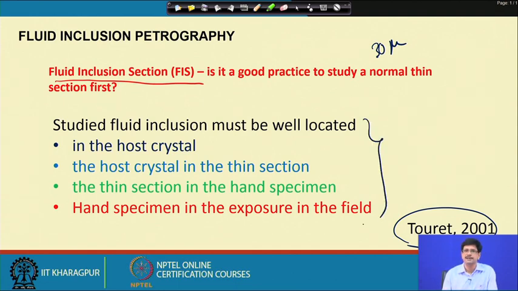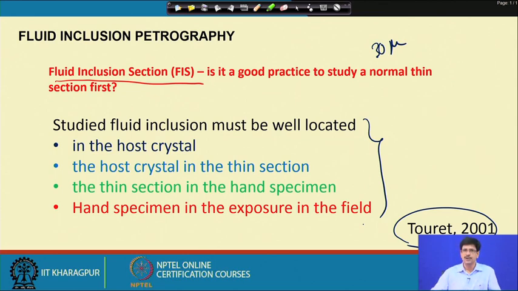So, this itself tells us the importance of very well planned field work and very well recorded observations in the field, because in many situations we will see different generations of quartz veins occupying different sets of fractures or structural weak planes, or different generations of mineralization or mineralizing veins.